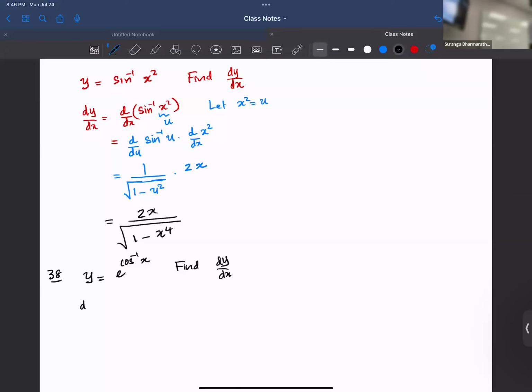Find dy over dx, and that is actually d over dx of e to the power cosine inverse x. What is the first thing that you have to say?